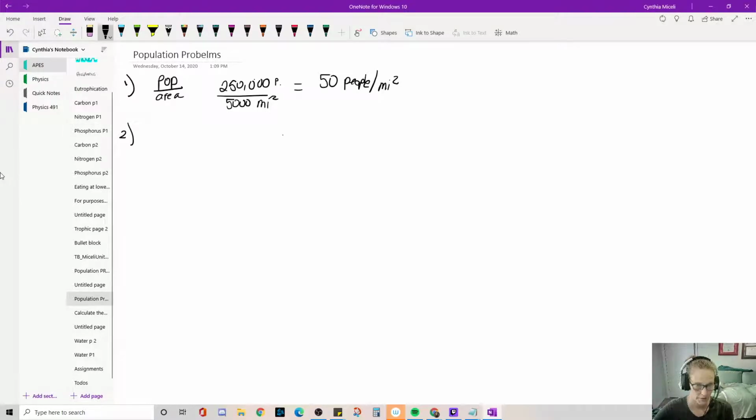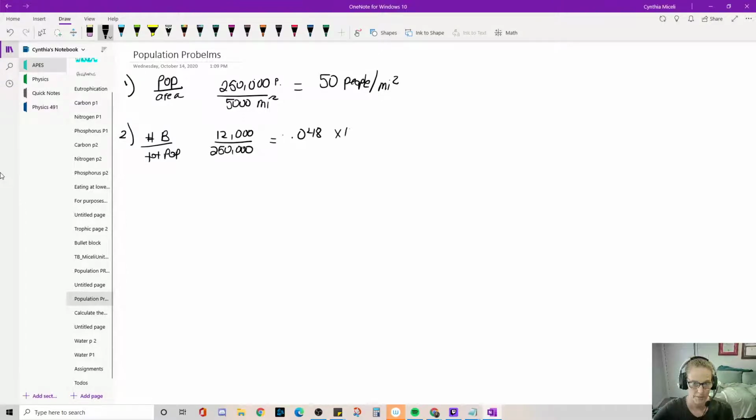Number two wanted to know about the birth rate. So birth rate is the number of births divided by total population. In this problem, there were 12,000 births, and the total population is still 250,000 people. And that gives us 0.048.